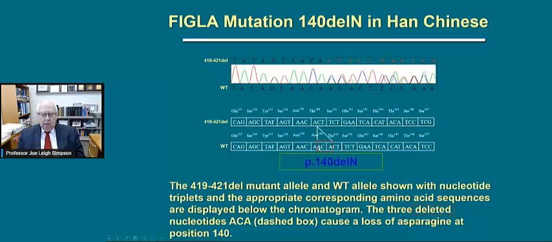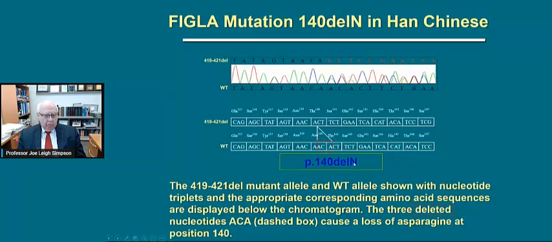This is a wild type right here. AAC exists right here, and you go along the top here and you don't see the same thing. So once you have this particular deletion, you are missing a particular nucleotide, a particular amino acid, and you have a gene product that's there. It has a name right here. So the 3 deleted nucleotides, ACA, in this particular case, cause the loss of asparagine at position 140.